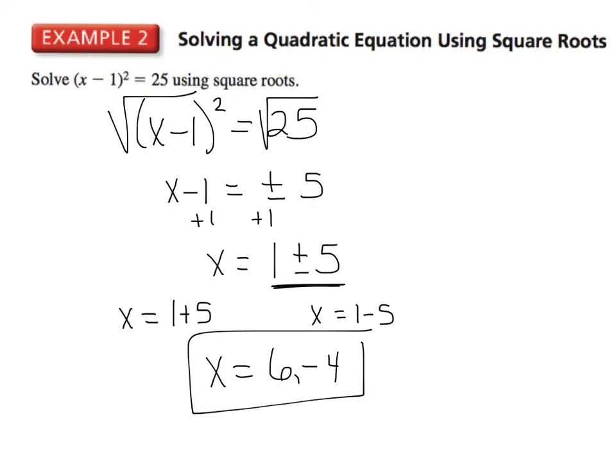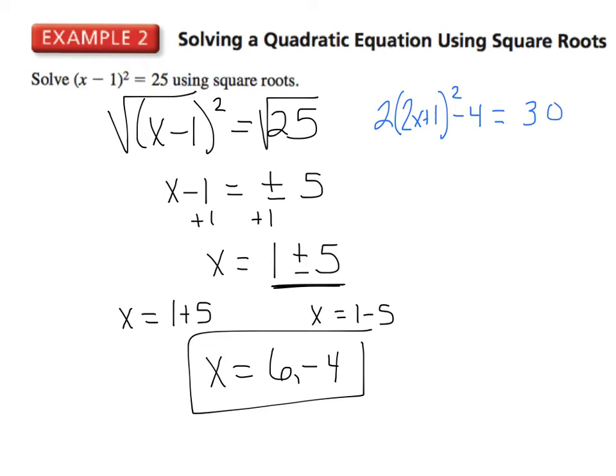Let's do another example. Let's make this one difficult. Let's do in parentheses 2x plus 1 squared. Let's do 2 on the outside. And let's do minus 4 equals 30.